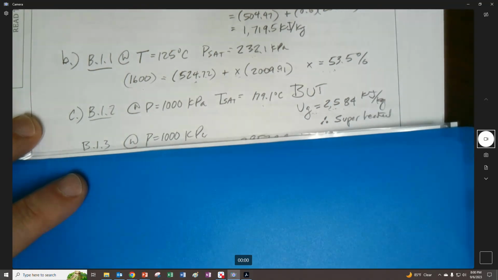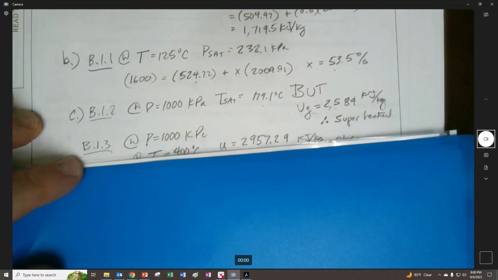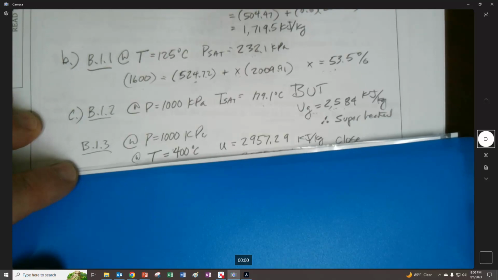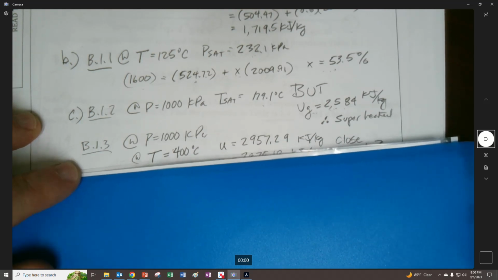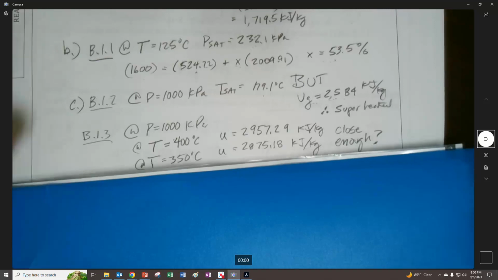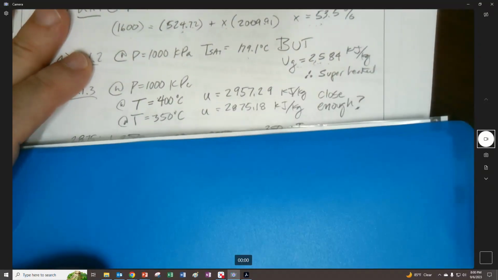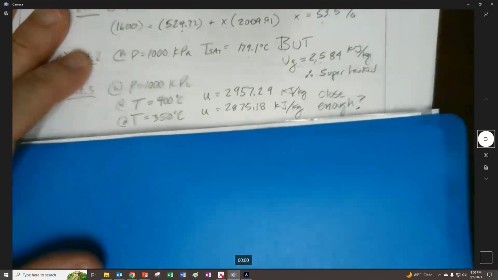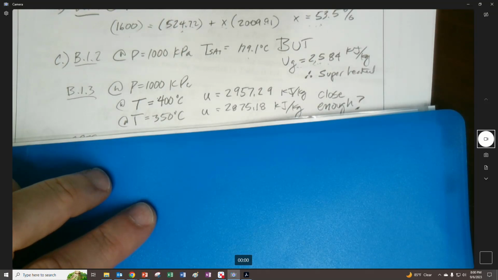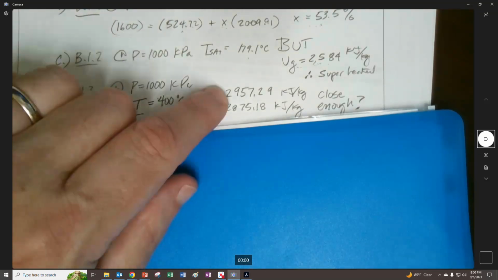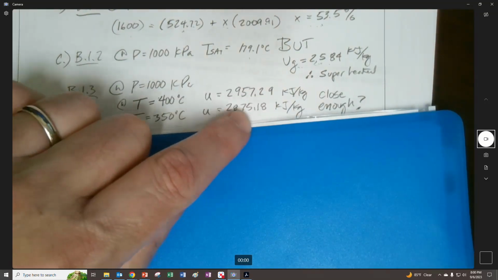And so we go ahead and look in the superheated table at 1,400, and we find 2,957, that's very close. And that might be pretty close for mere mortals. But we can also check out the one nearby, and we can see that 2950 is between the 2957 and the 2875.